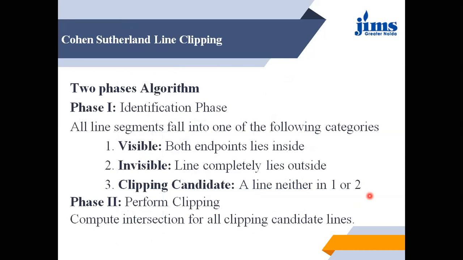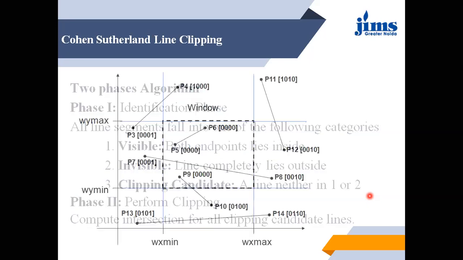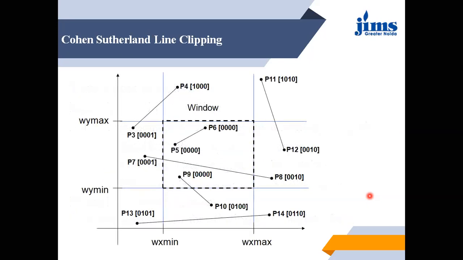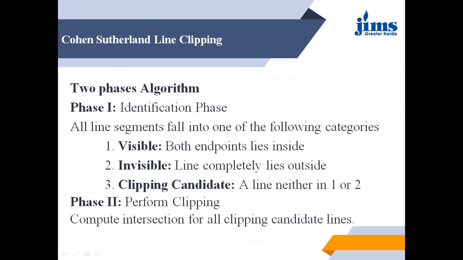This Cohen-Sutherland line clipping algorithm completes in two phases. So we will discuss each and every phase in the next lecture. So first, our first motto was to assign the region codes for different lines. So thank you.